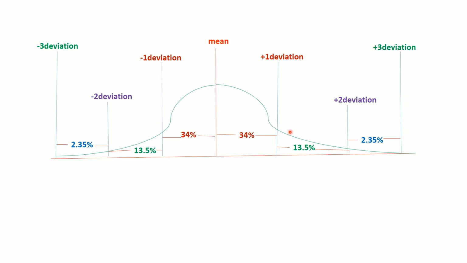Within two standard deviations means between this point and this point, so the total percentage is the sum of this plus this plus this plus this, and it is about 95%. Within three standard deviations means between this point and this point, so adding all these percentages will give you about 99.7%.